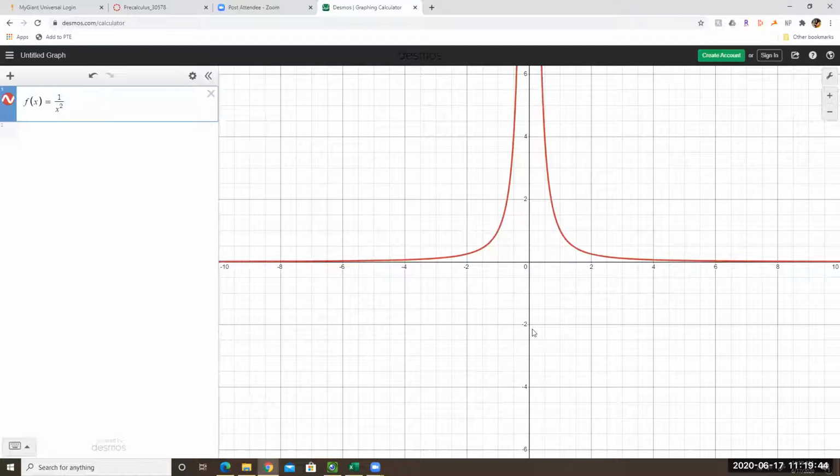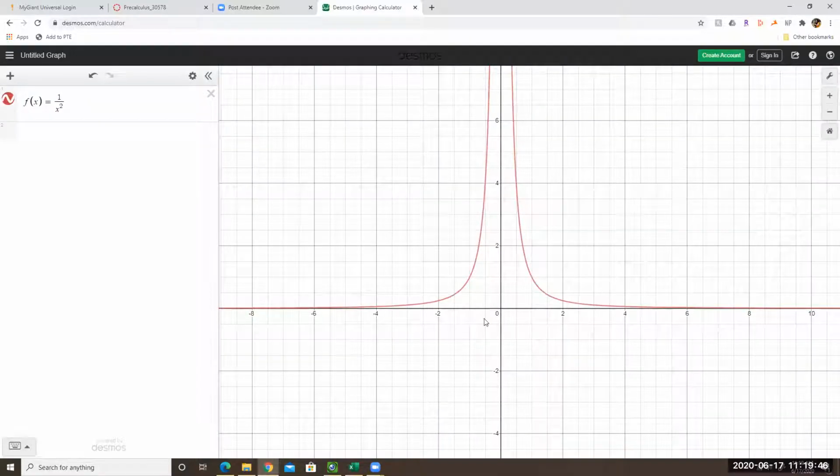But anyway, here's what our function looks like. This is f of x equals 1 over x squared. And now I want to use this graph to find the limit as x approaches 0. So as x approaches 0 from the left, it looks like f of x is just going off to infinity, right? As x approaches 0 from the right, it looks like f of x is also going off to infinity.